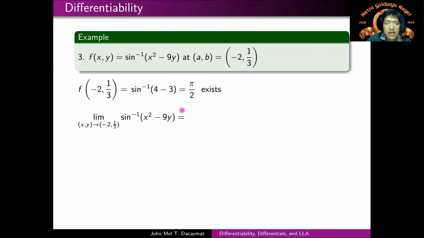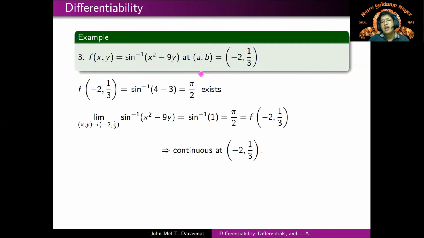To get this limit, yung loob, pwedeng i-plug in ko na lang, no, from one of your properties from your previous lectures. Since yung loob naman ay polynomial lang, so I just get sine inverse of 1 or pi over 2. So these two are the same. Therefore, it's continuous at negative 2, 1/3.